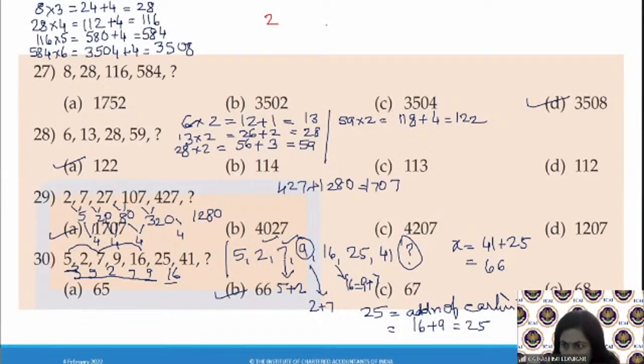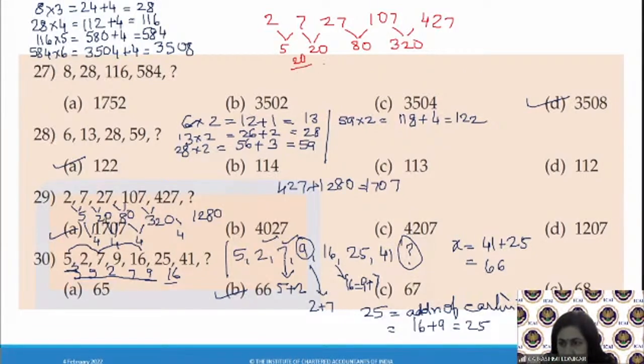2, 7, 27, 107, 427. What is the difference? 5. What is the difference? 20. What is the difference? 80. What is the difference? 320. Now, here I have to go one step further. How much is this? 20 divided by 5 is 4. 80 divided by 20 is 4.